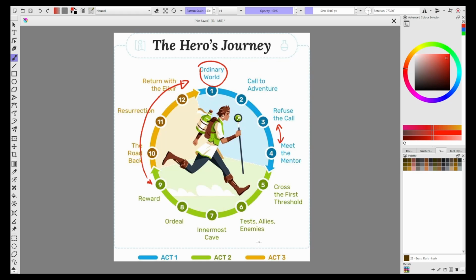The most important parts are going to be the setup and then the conclusion, because the conclusion to the hero's journey is so specific in bringing it back around to the ordinary world.